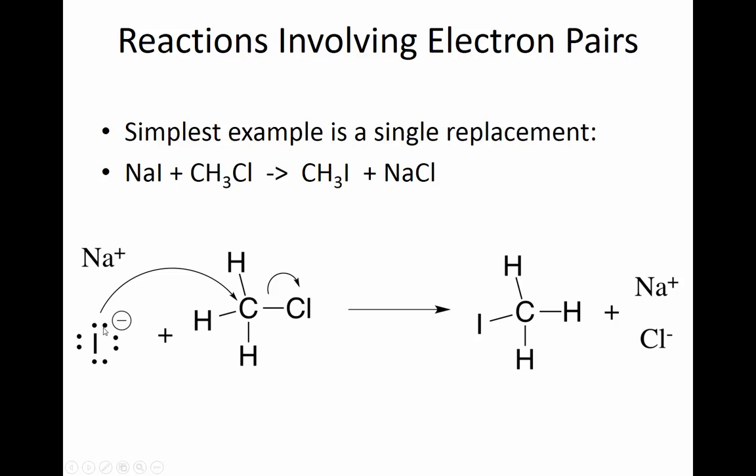Essentially what will happen is there'll be an electron donation from the iodide to the carbon here, where the halogen is, where this chloride is. This will in turn donate electrons to the chlorine, and the chloride will then become a chloride ion and pair up with the sodium to make sodium chloride.